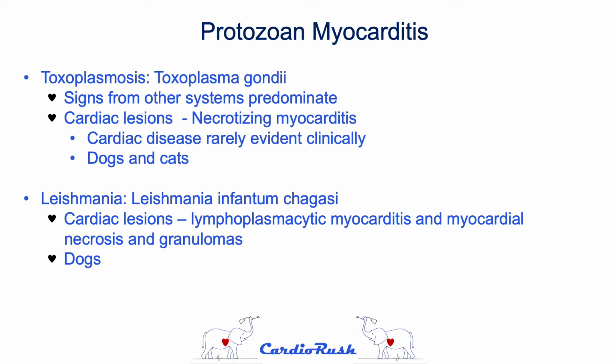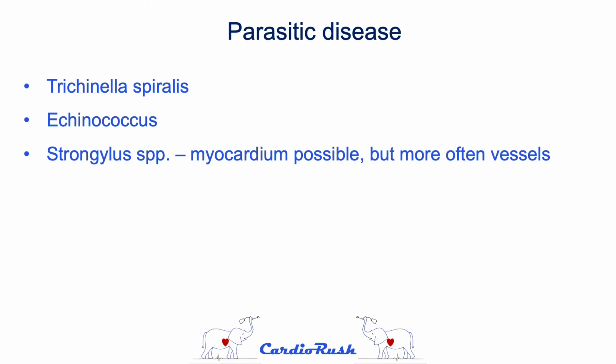Overt clinical disease is much less common. And Leishmania has also been identified to create a lymphoplasmacytic myocarditis with myocardial necrosis and granulomas. Certain parasitic diseases may persist in the myocardium: Trichinella spiralis, Echinococcus, and potentially strongylosis in the horse.